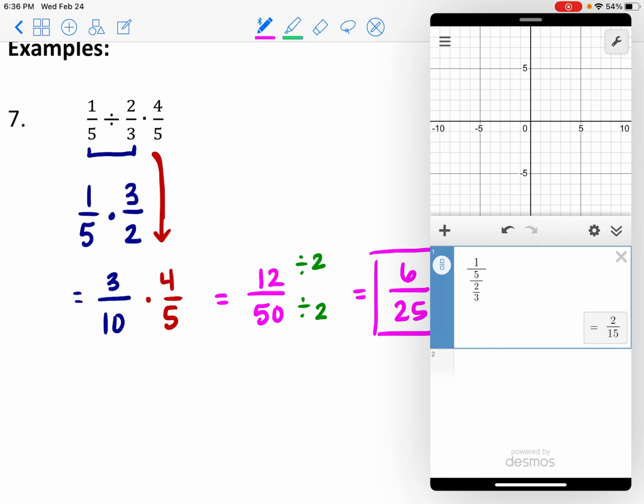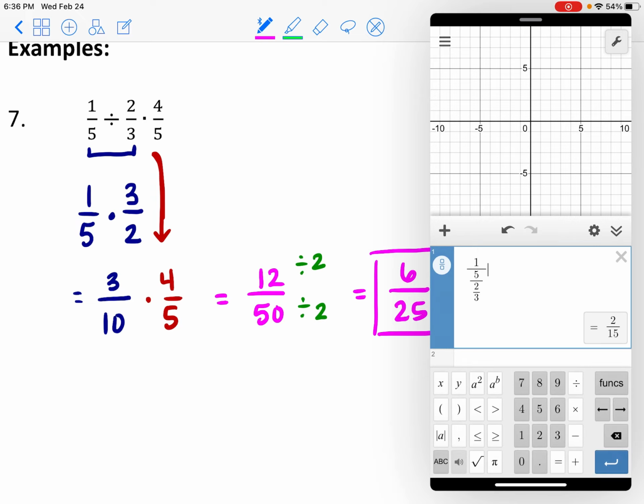What did I do? Type this in weird? Oh, I sure did. Okay, so we have to be careful with that division symbol. So let me make sure I tell Desmos exactly what I want it to do. I want it to take 1/5 and I want that fraction to be divided by the other fraction, which is 2/3. There we go. Now it's typed in there correctly.